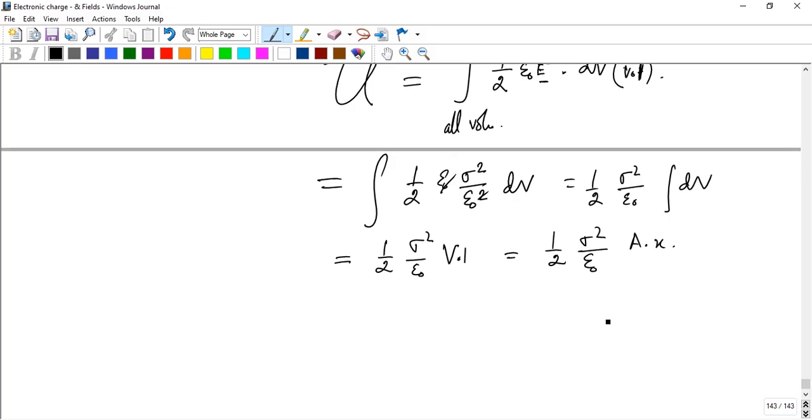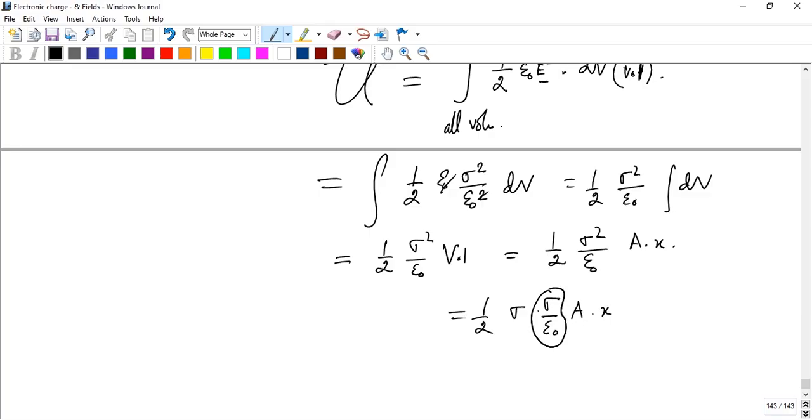Now half sigma over epsilon naught times A times x.